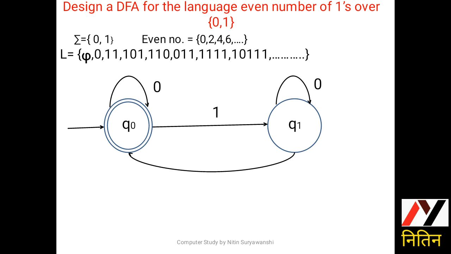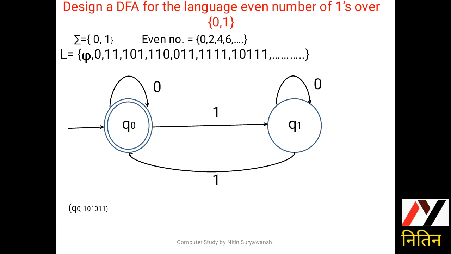Then again, if at the Q1 state we get a 1, the machine goes to the Q0 state, which is a final state. So this is the complete machine for the language, containing the Q0 and Q1 states. Q0 is the initial as well as final state. Each and every state takes 0 and 1 as input.